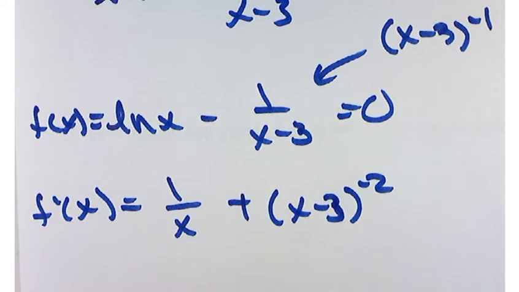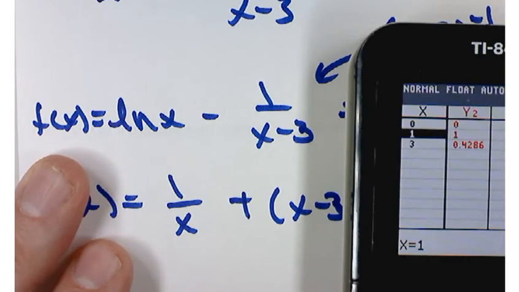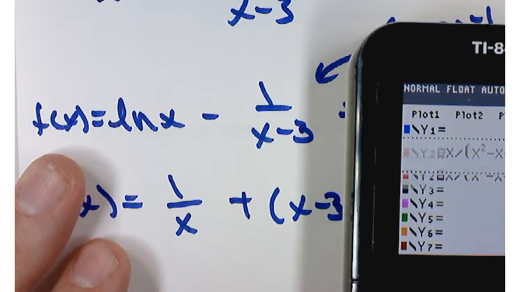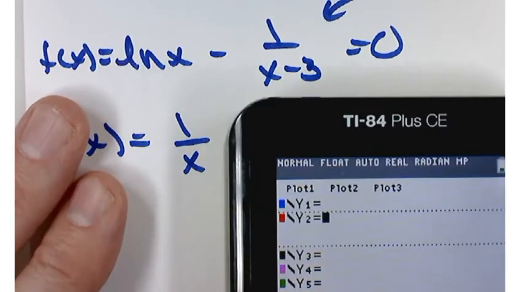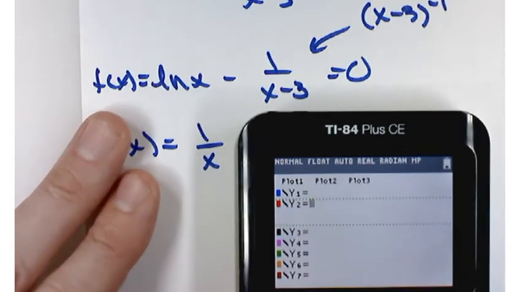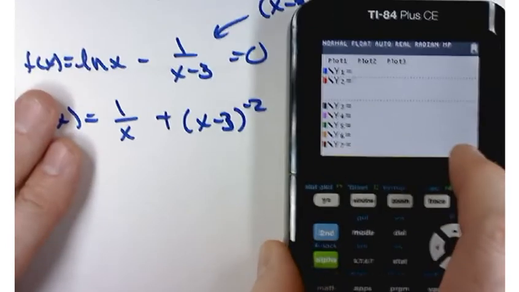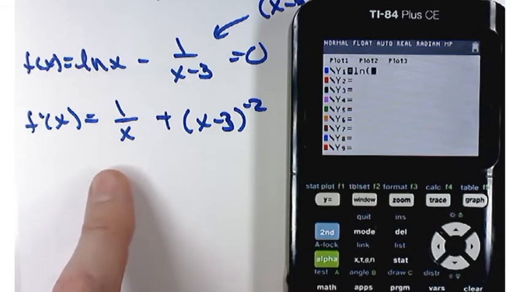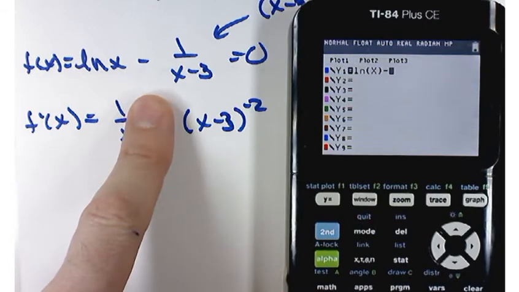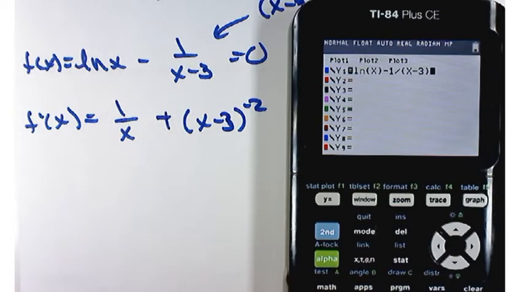So, okay. Let's plug those two things into our calculator and take a quick look at it. Okay, so ln of x minus 1 divided by parentheses x minus 3, or you can put x minus 3 to the negative first power, it doesn't matter.